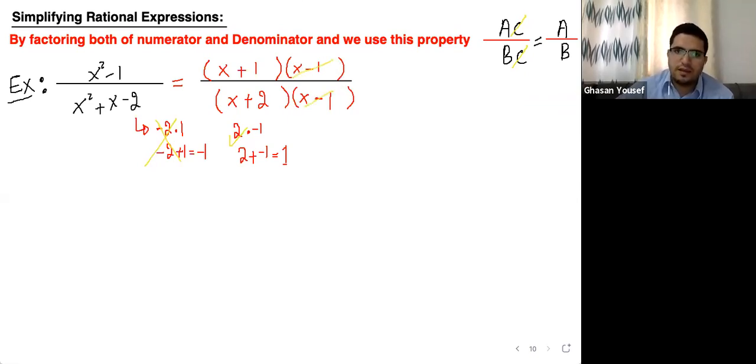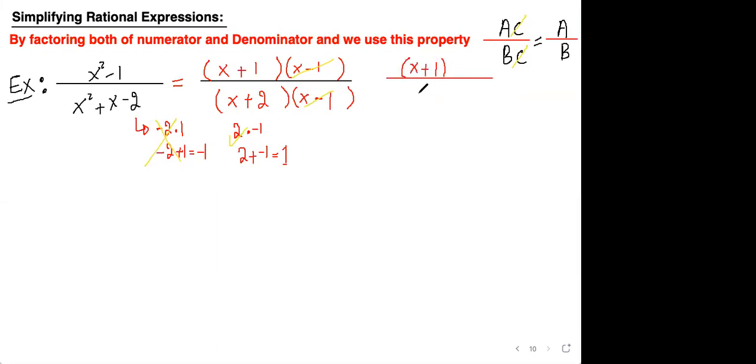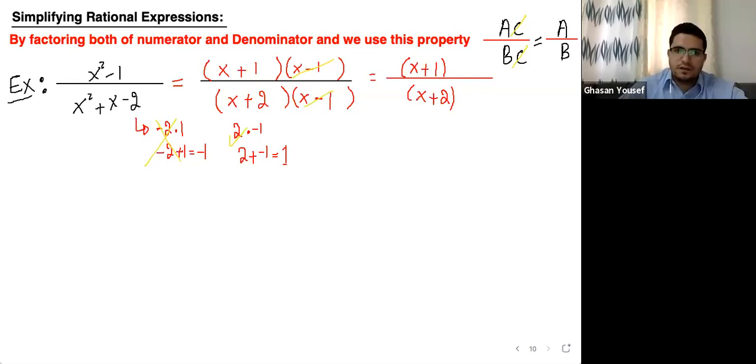So the answer will be x plus 1 over x plus 2. This is the final answer. So step by step, first we factor the numerator and the denominator. Then the second step, we cancel the common factor. This is called simplifying a rational expression.